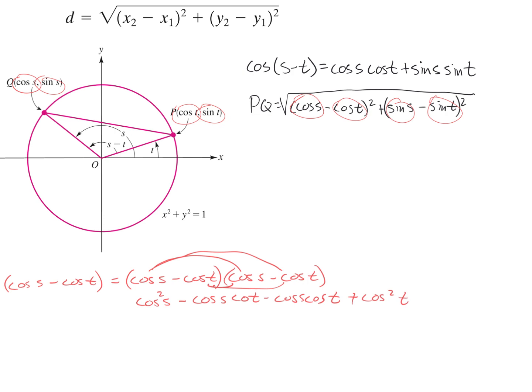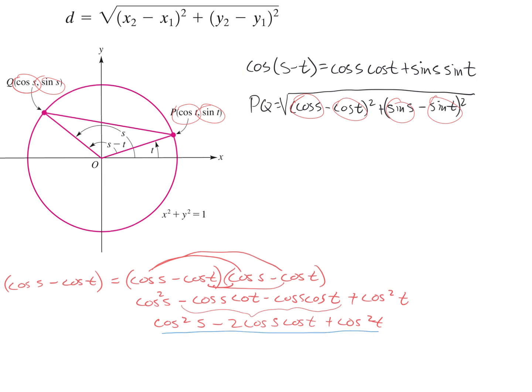Now what I will further show is this right here. That is minus 2 cosine s cosine t. And then, of course, you still have the cosine squared s and the cosine squared t. So all of this whole thing here needs to get written up here.